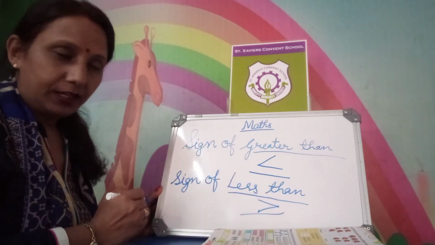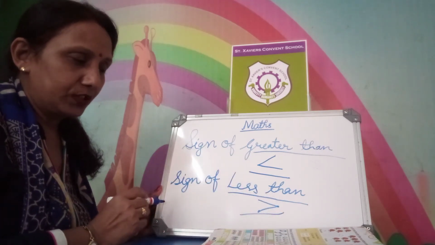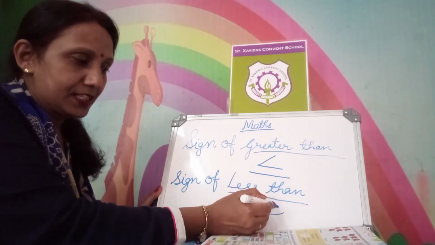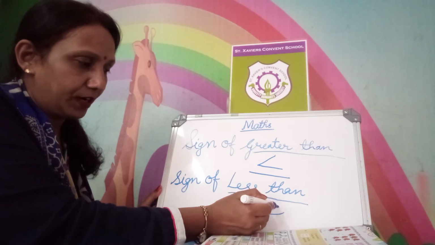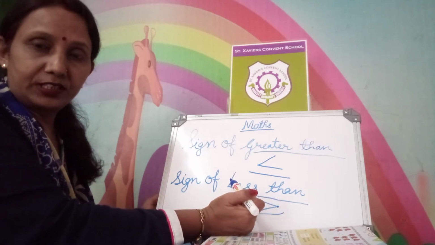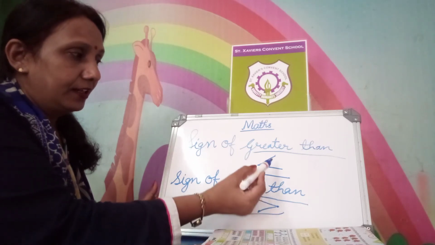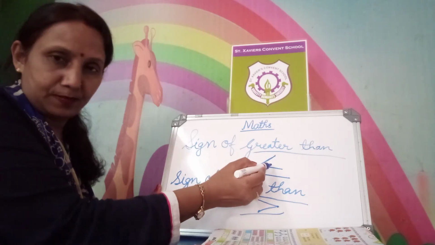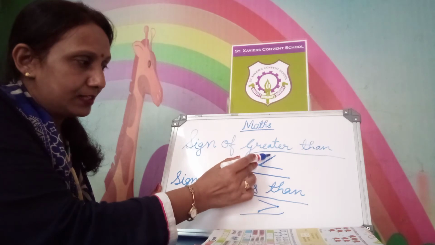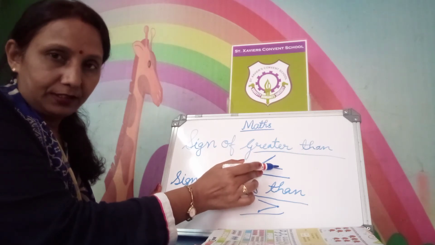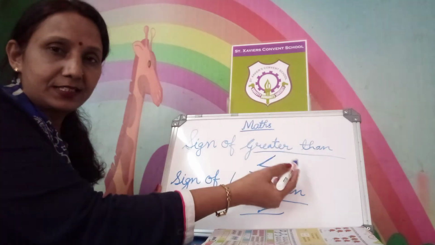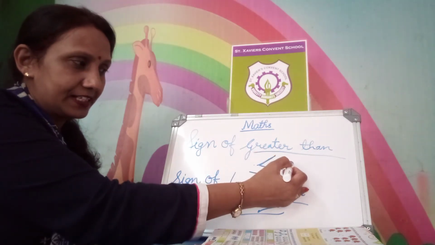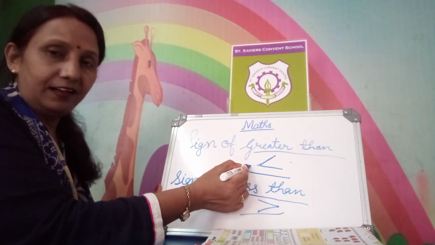If you have to put the sign of the less than, we will put it like this. This mouth should be closed, this point. And if you are putting the sign for the greater than, you have to put it like this, with the slanting lines and the mouth open. That side is known as the greater and this side less than.